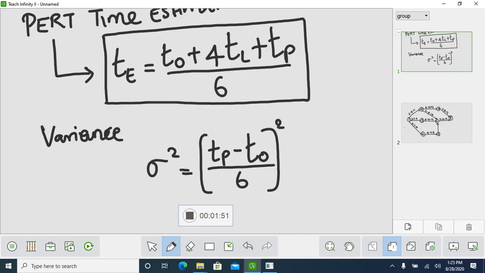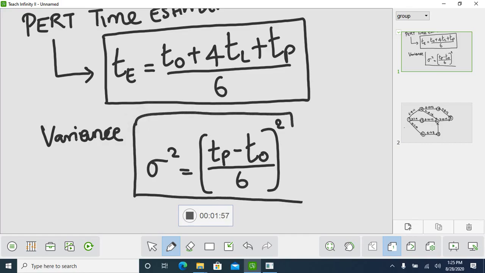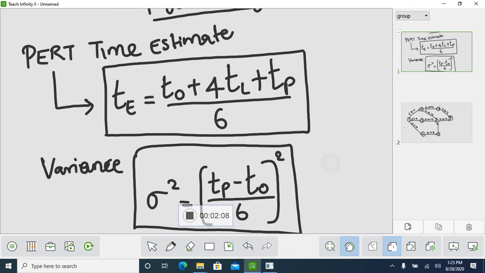So this is the formula for variance. Using these two formulas, we will be seeing the PERT time estimate problem. These two formulas are the main formulas to solve PERT time estimation, which covers optimistic time, pessimistic time and most likely time. So today we are going to see the PERT time estimation problem.